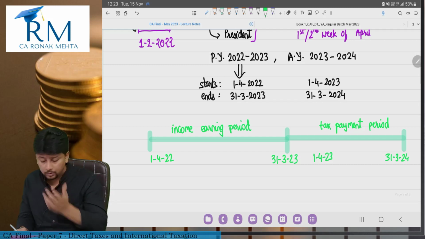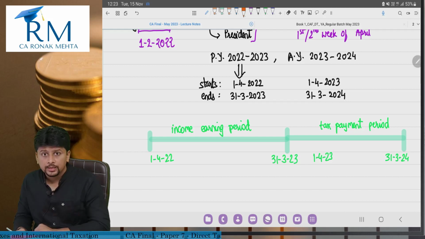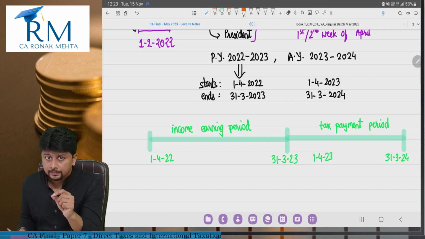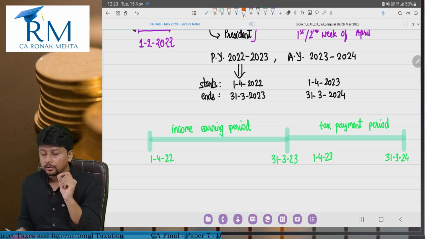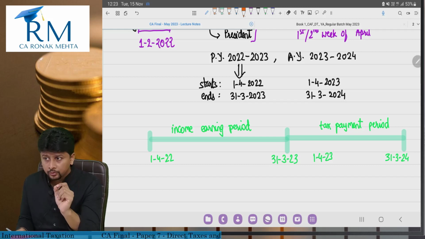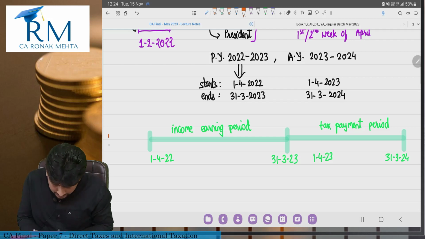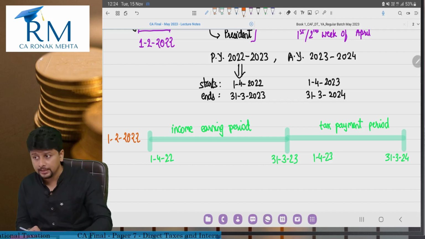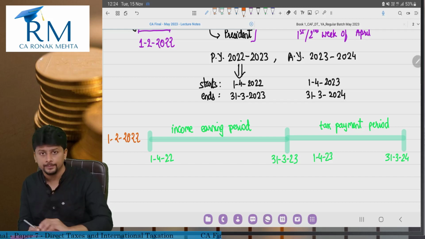So, what is the significance of these dates? What I am trying to make a student understand is that as an assessee, as a taxpayer, even before I started to earn income, even before that, on 1st of February 2022, the government told me at what rate it is going to tax me.